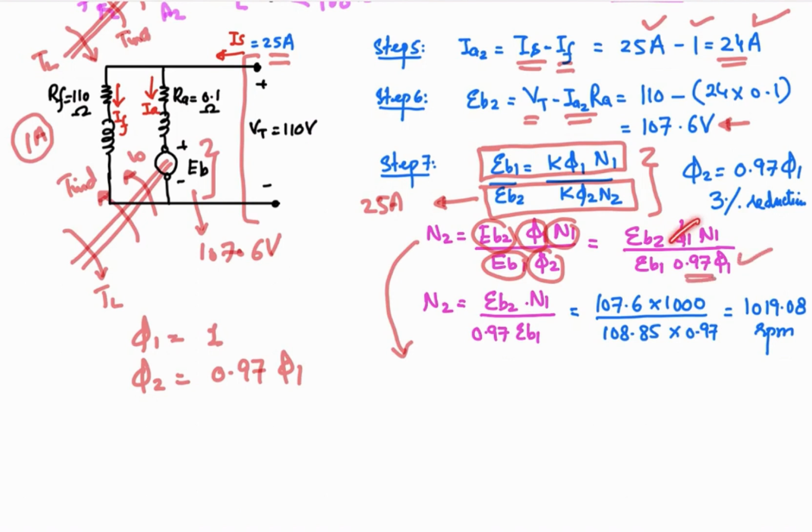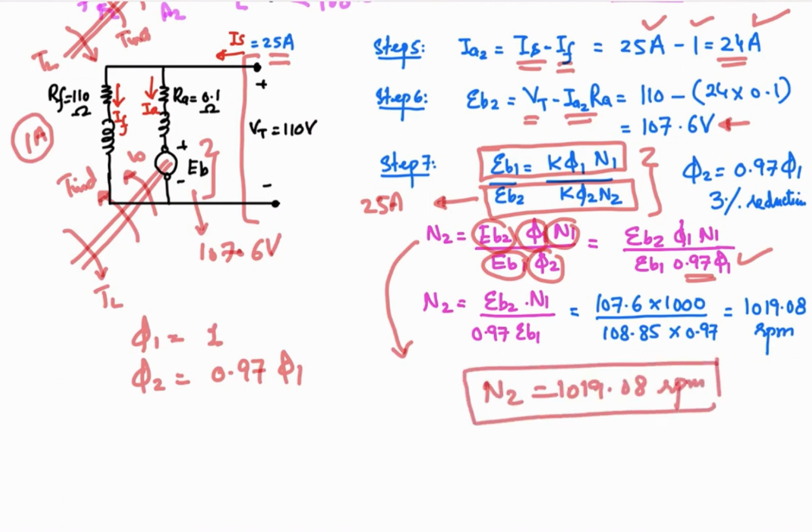So phi 1 and phi 1 will cancel out, and you are left with EB2 N1 divided by 0.97 into EB1 to get the new speed. If you plug in the values, that is 1019.08. So the new speed is 1019.08 RPM, and the previous speed was 1000 RPM.